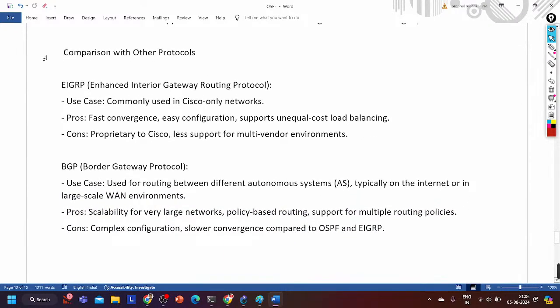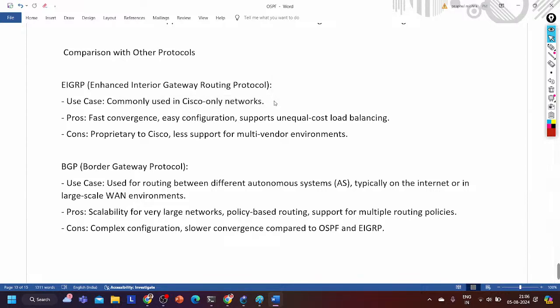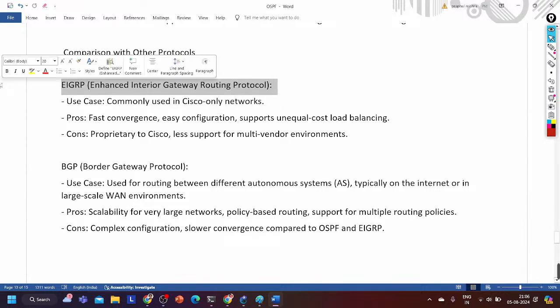Now if you want to see the comparison between OSPF and other routing protocols, see EIGRP. EIGRP is commonly used in Cisco networks. Earlier EIGRP was Cisco proprietary, but nowadays EIGRP is also an open standard routing protocol.